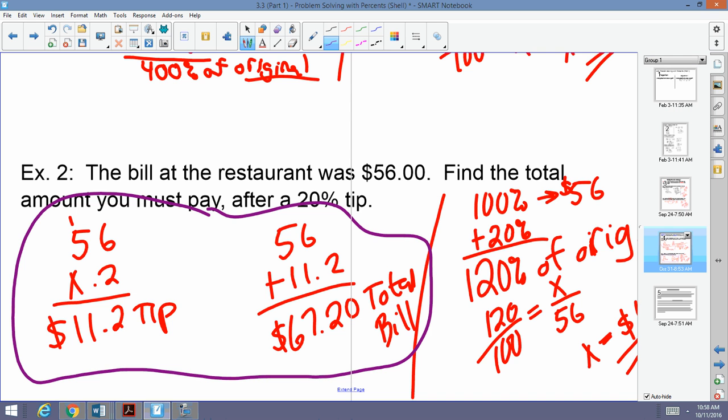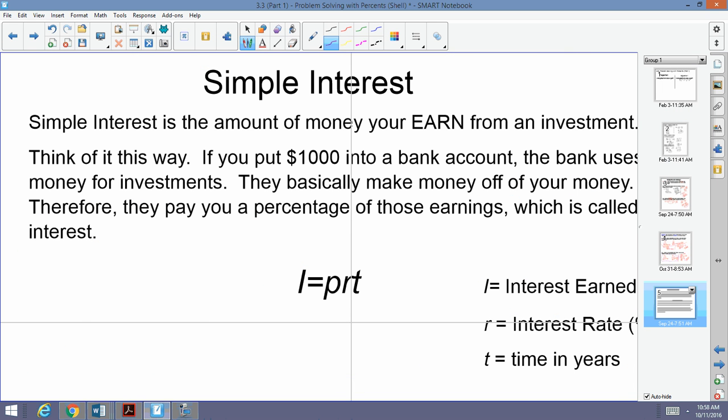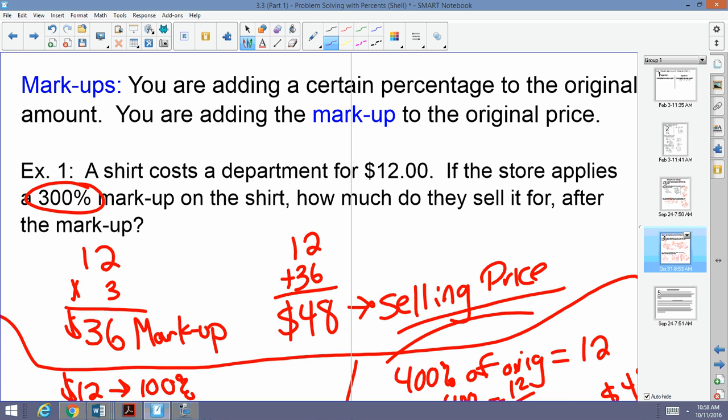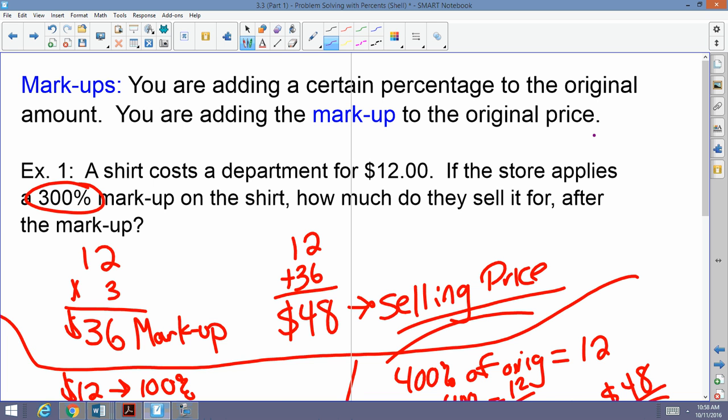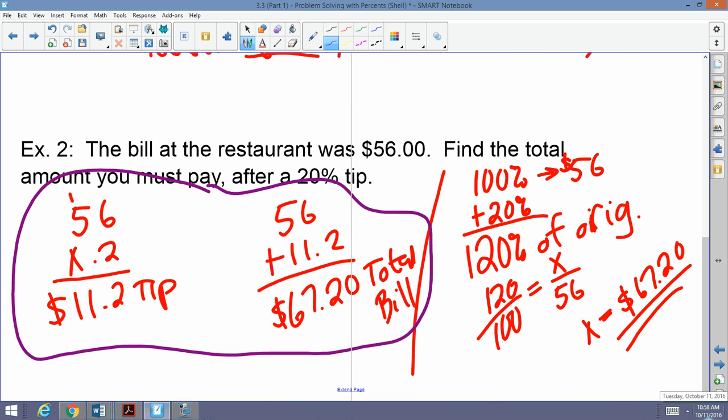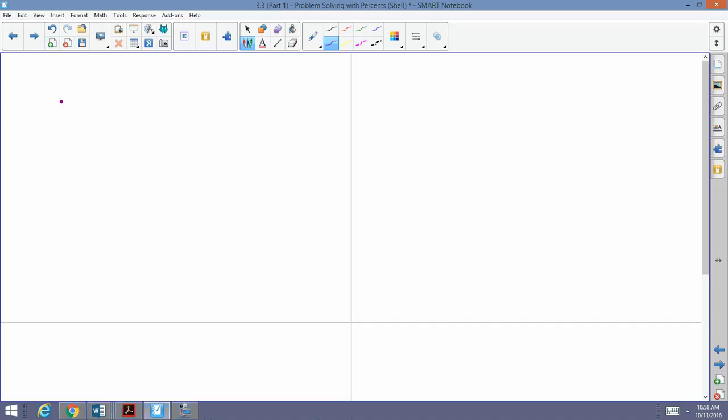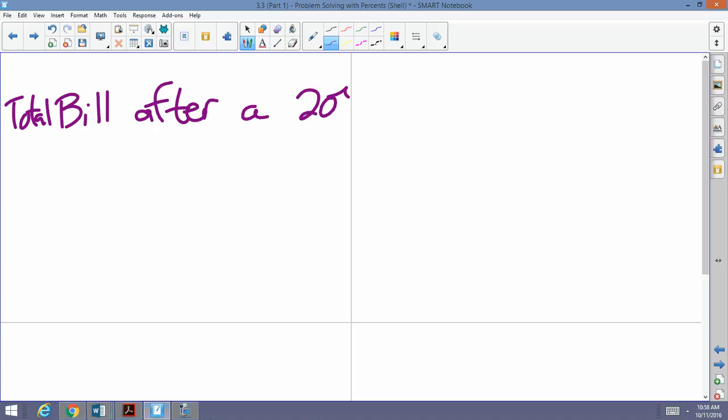I think we're done, right? No, we got a few more here. I wanted to show you simple interest. Okay, look. Let's say I were to give you this. Your total bill after a 20% tip was, let's just make it easy, $120.